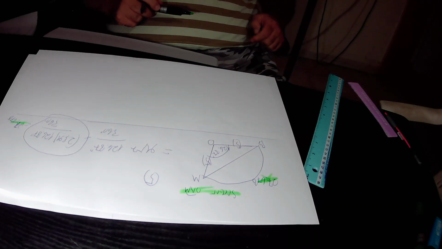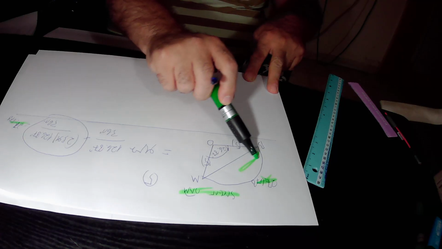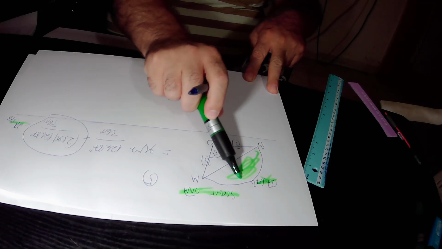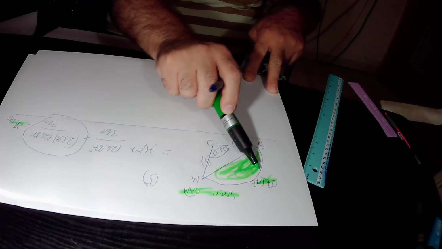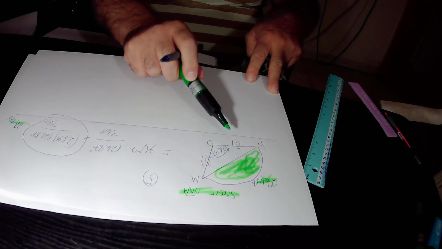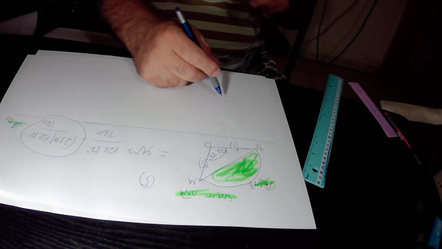Our task is to find the area of the upper segment BUM, this green segment BUM. So what is the area of the upper segment BUM?